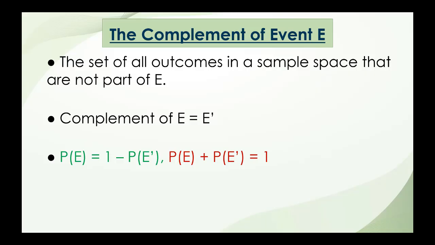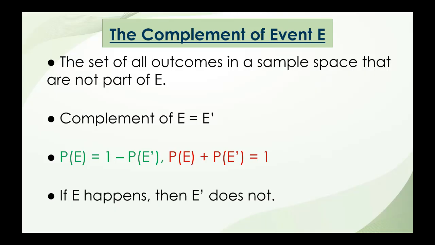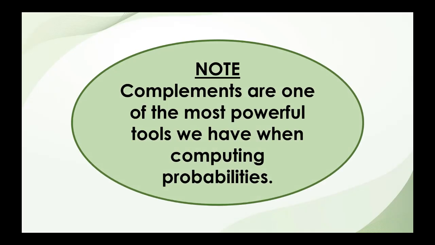Those probabilities added up to 1. And if E happens, then E prime does not. And vice versa. If E prime happens, then E doesn't. We cannot have them both occur simultaneously. So those are the rules for complements. And moving forward, they're going to be very important for us because complements are one of the most powerful tools we have when computing probabilities.